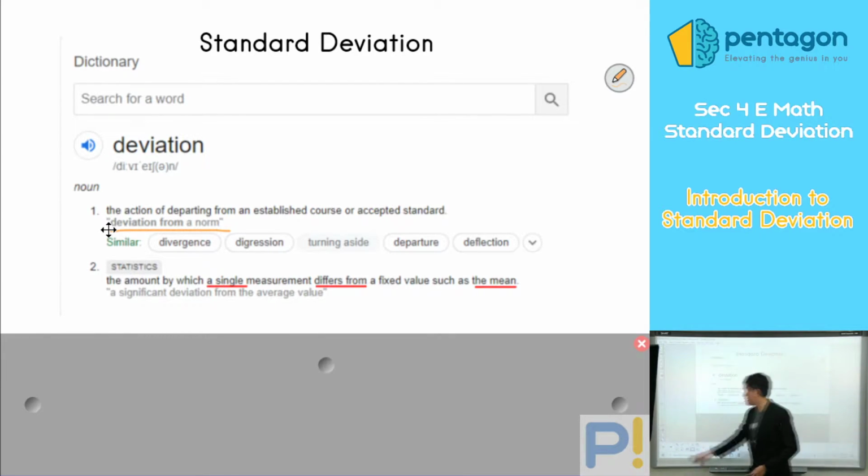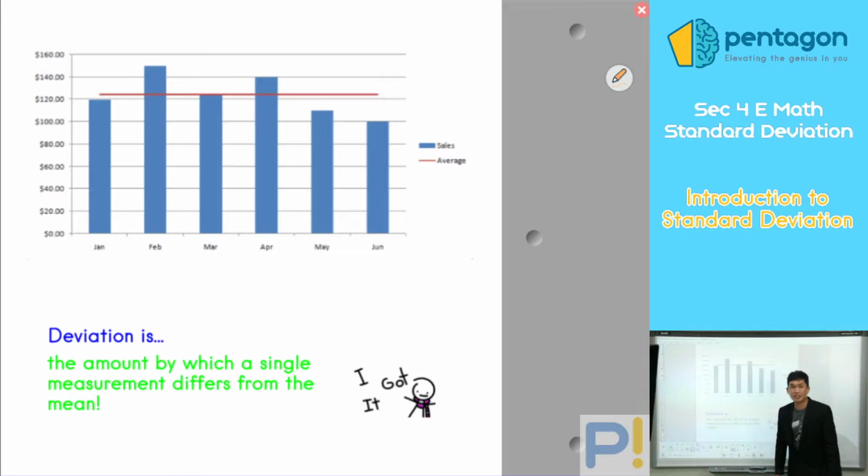Okay, a lot of words, what does it mean? Like I promised, let's look at pictures. Over here we have the sales over 6 months of somebody. And if we average it out, you get a red line that's drawn across. A single piece of data, for example the money made from sales in January, is a single measurement.